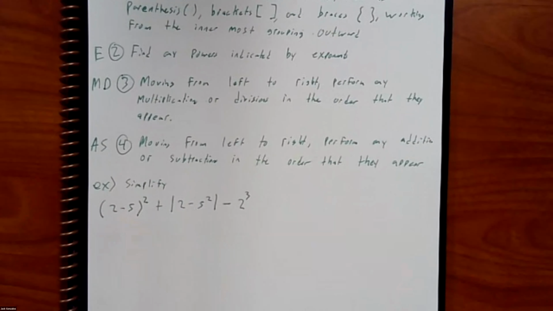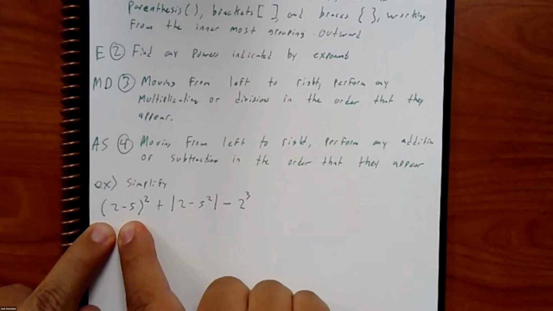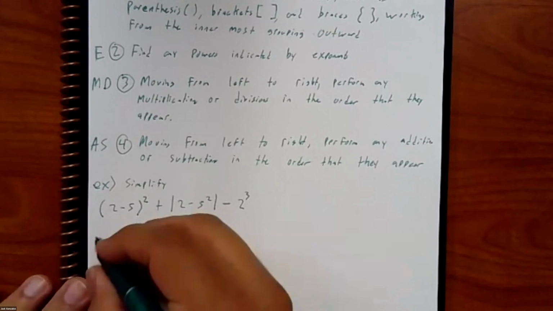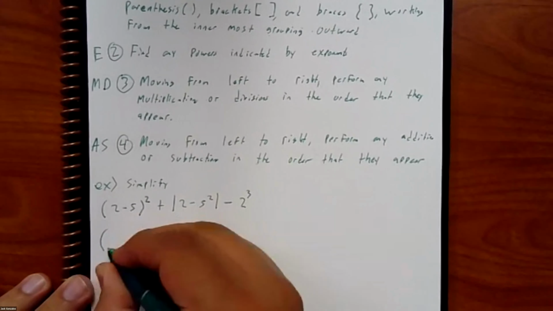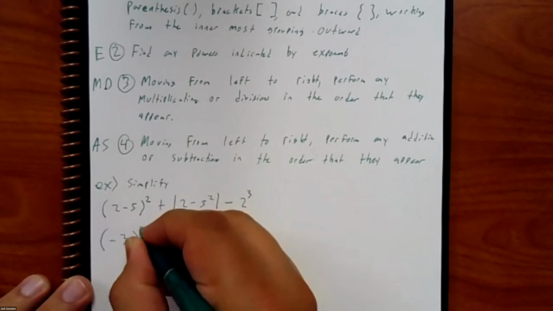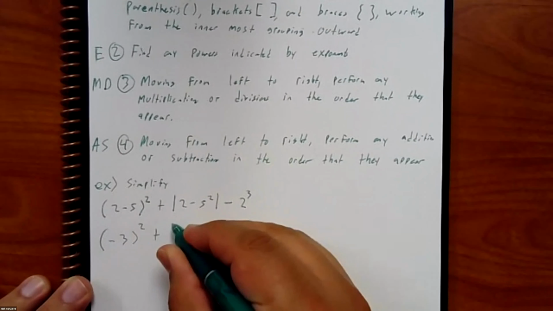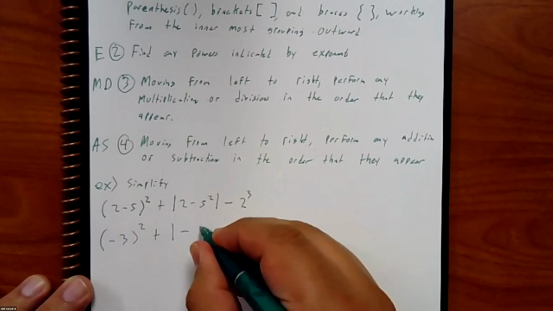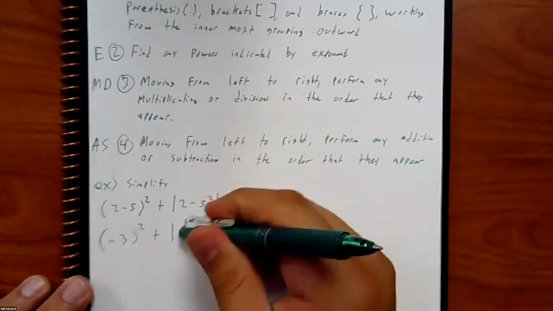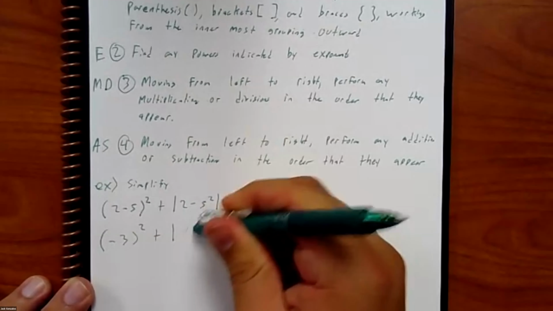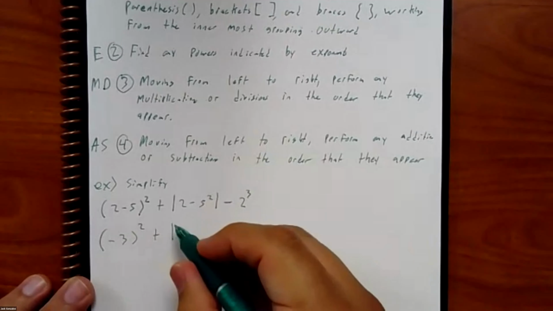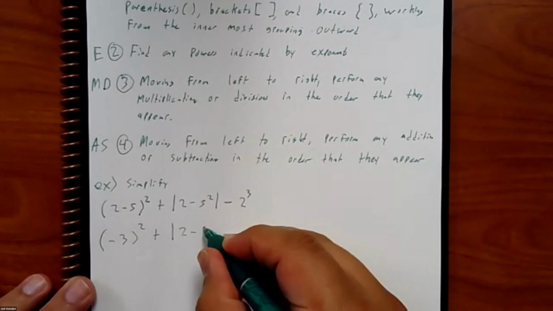So number 1 says deal with that step inside. What is 2 minus 5? Positive or negative? Negative. Okay. Now again, left to right, what is the next thing in the priority list?